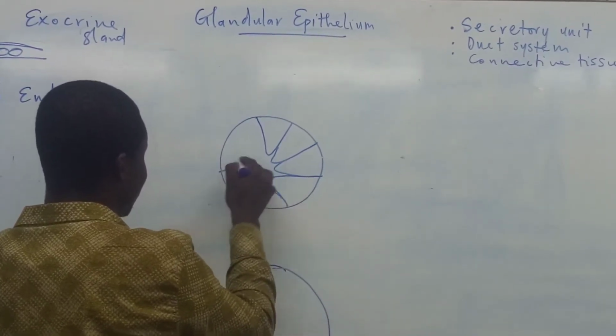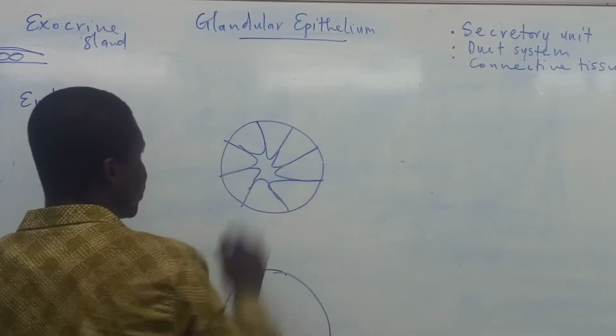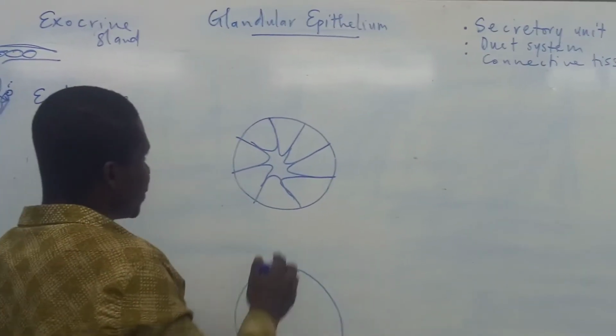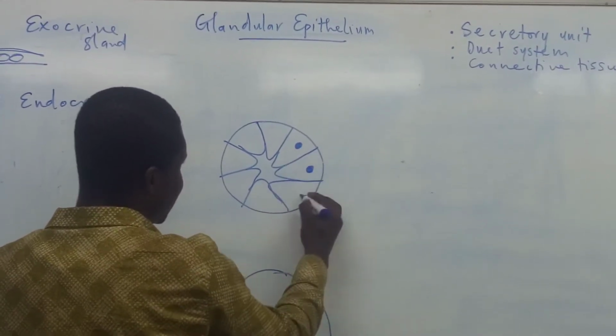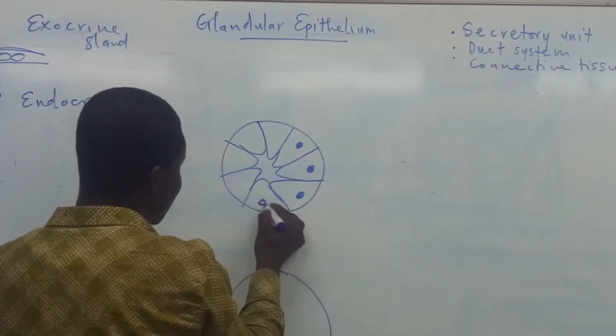These are triangular pyramidal shaped cells, and they are going to have rounded nuclei, which are placed getting to the base of the cell.